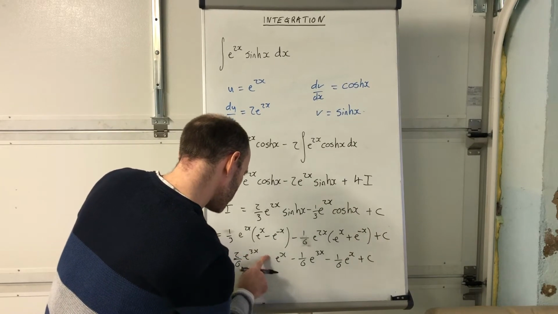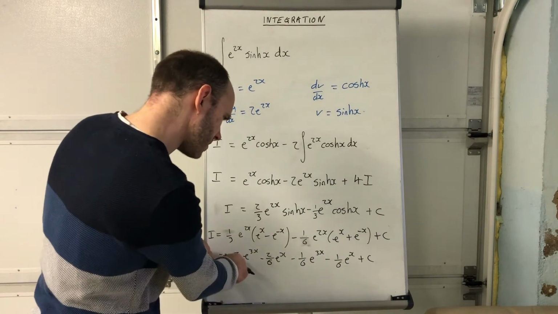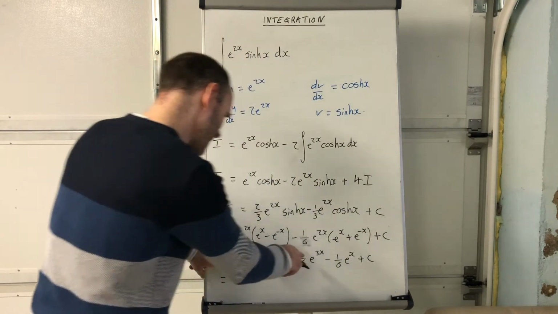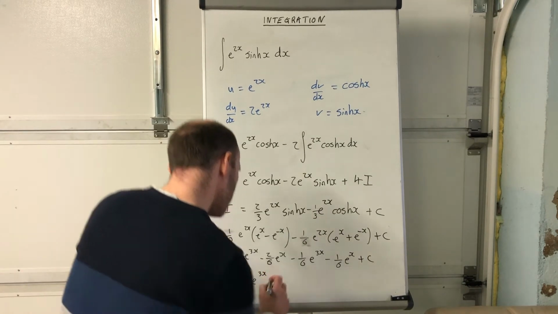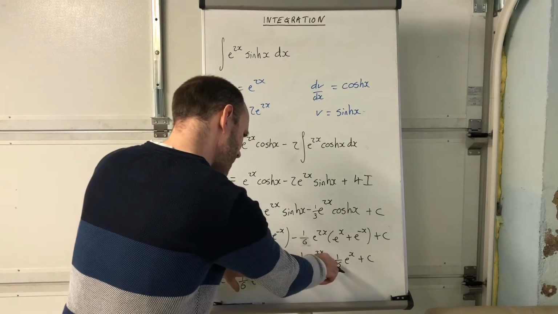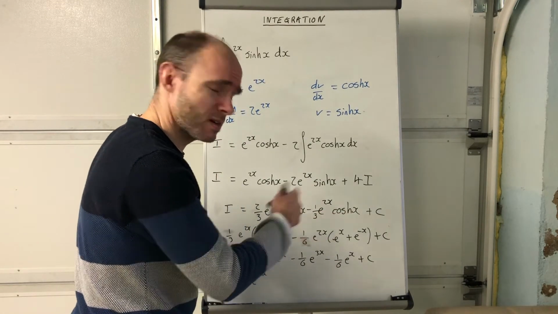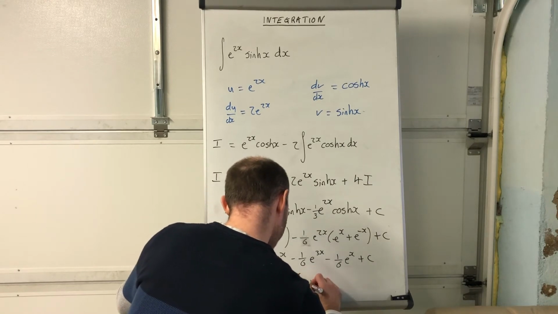So I'm going to write 2/6 there and there. So 2/6 e to the 3x, subtract 1/6 e to the 3x is 1/6 e to the 3x. And then you've got negative 2/6 e to the x, subtract 1/6, so that's negative 3/6, so it's negative a half e to the x plus c.